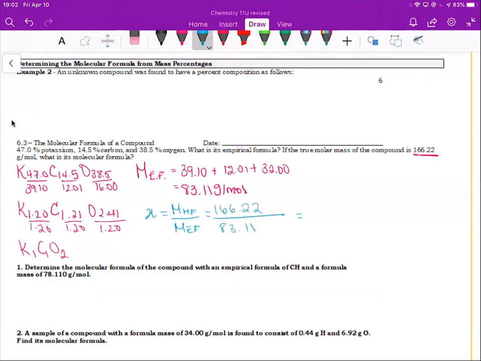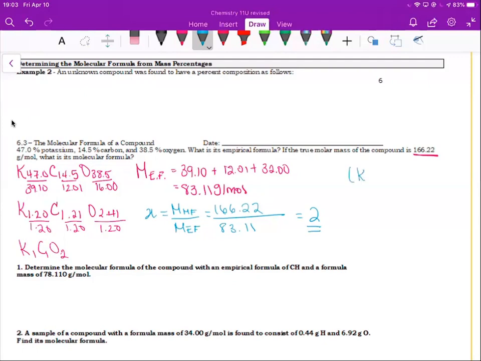And just looking at this, I know that it's doubles of each other. 83.11, if I multiply it by 2, I get 166.22 on the nose. And so the multiplier is 2. And so I'm going to take my empirical formula and multiply it by 2.